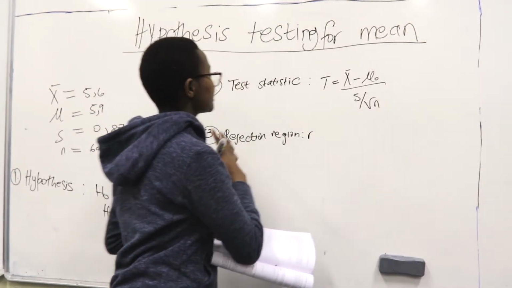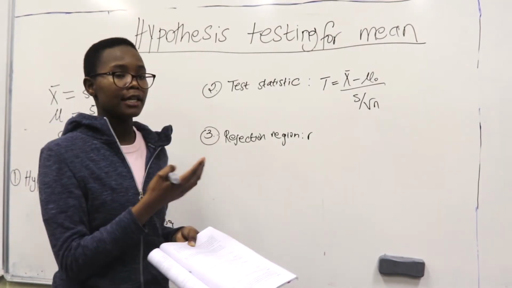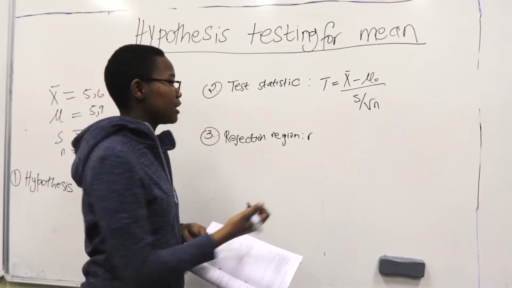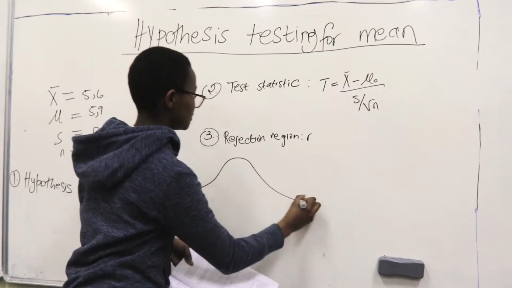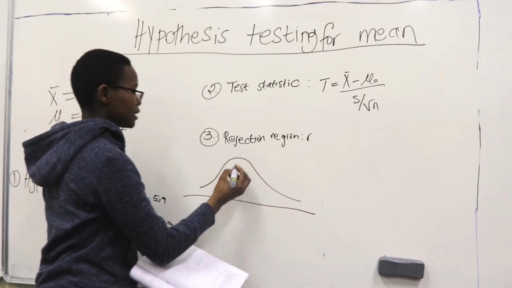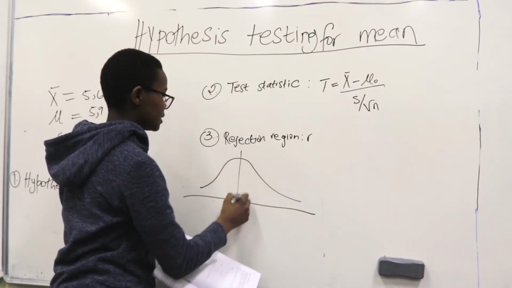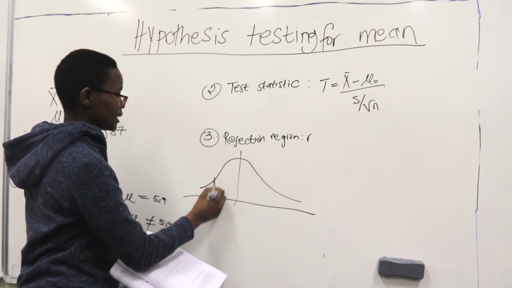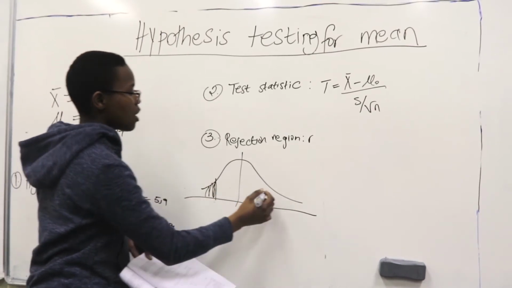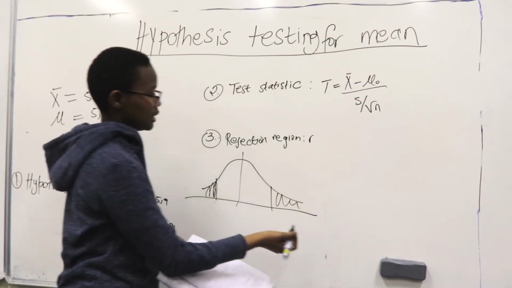Since this is a two-tailed test, we must first draw so that we see. It's either less than or more than, right?